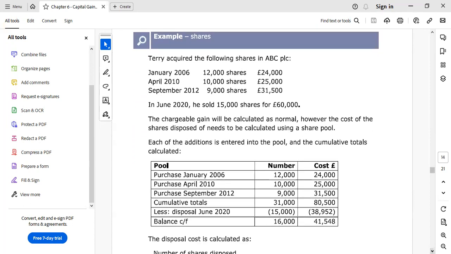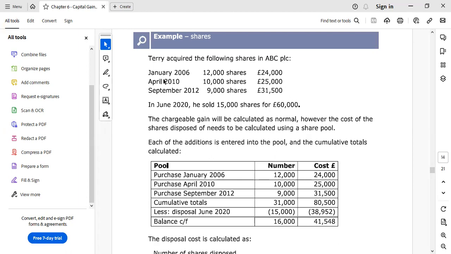Terry acquired the following shares in ABC PLC on these dates. Here, in the pool: purchased January 2016, 12,000 shares, and the value of those shares was 24,000 pound.